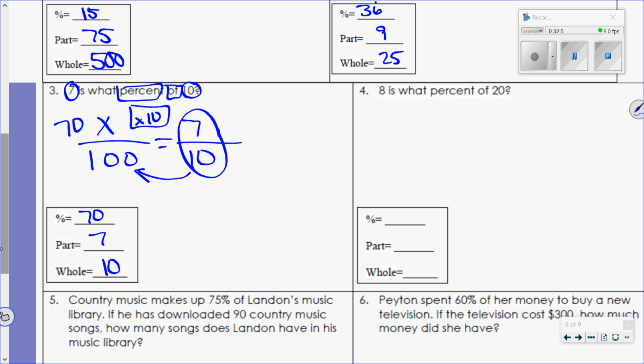Yes. Let's do one more together. Okay, 8 is what percent of 20? So start with our base frame again. So what is my percent? Isabella? What's my percent?